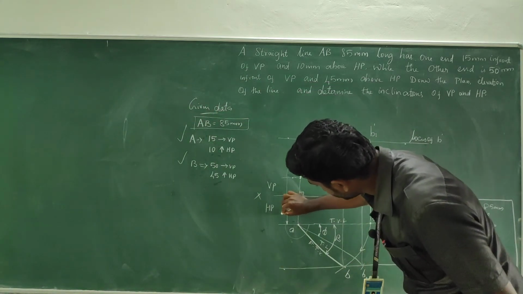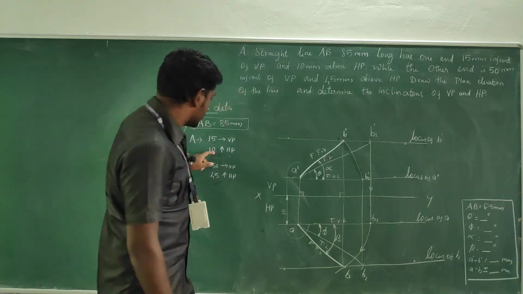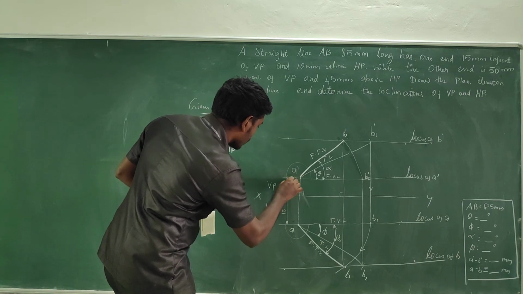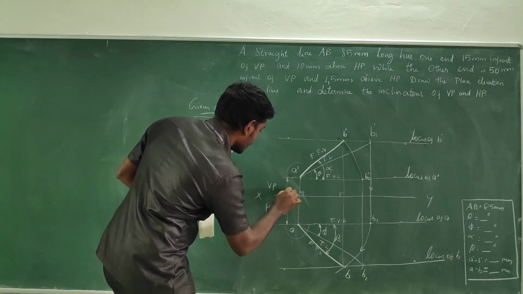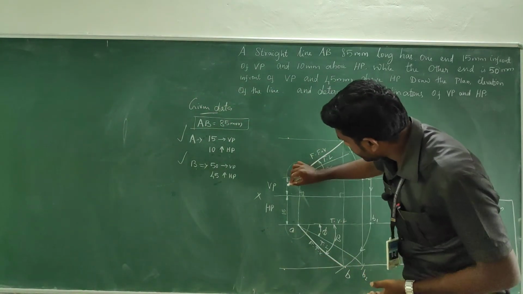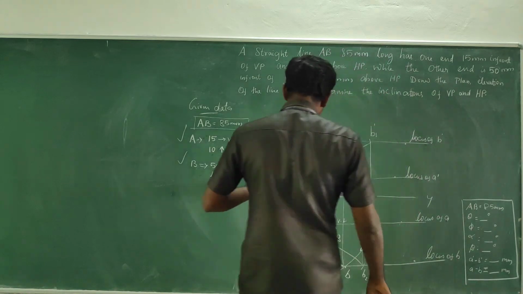So here above the line I am going to write 15, right, and 10 mm above, right. So here is the spot. So here I am going to take the dimension line with filled arrows, and write 10 above.